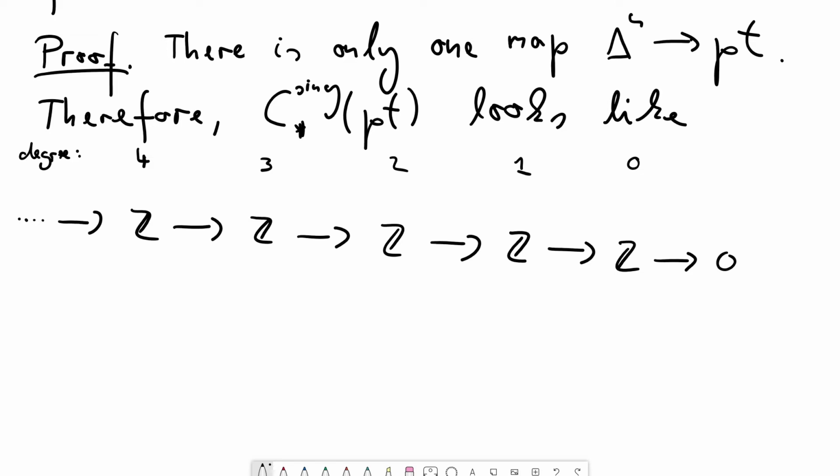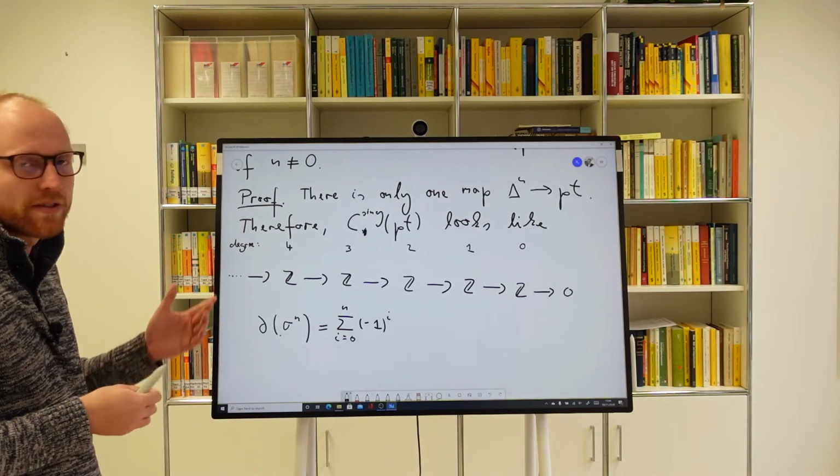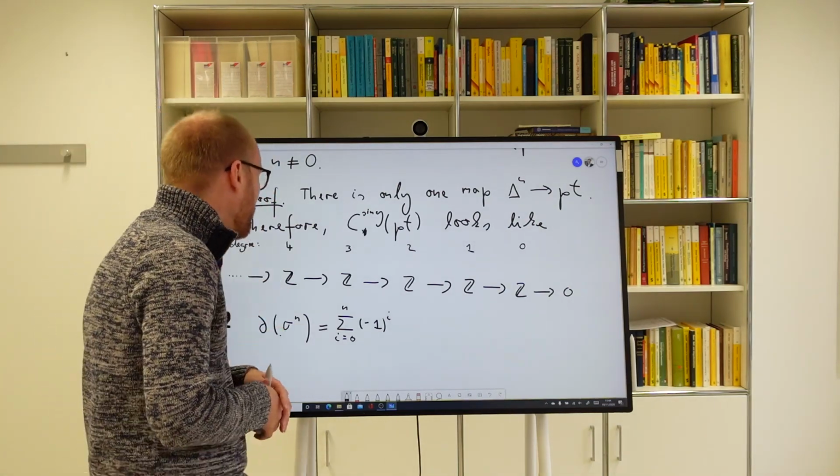Well, let's just compute it, just by applying the definition. If I've got a singular n simplex here, which is just this very map that sends everything to a point, then what was the definition? I need to take this alternating sum, i equals 0 to n, with the sign, of the restriction of the singular simplex to the ith face.